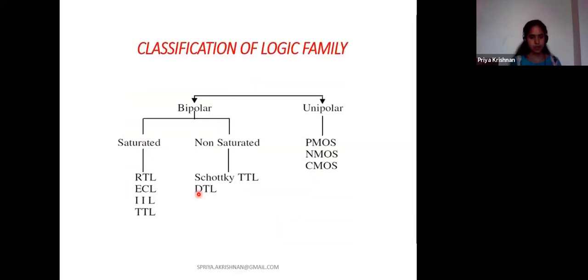See, the very famous ones here are TTL, transistor transistor logic, and CMOS, complementary metal oxide semiconductor. So these two are there. We discussed in the very first slide that it can understand only two things, one or zero, or yes or no, true or false. So how can I give one as my input, how can I give zero as my input?